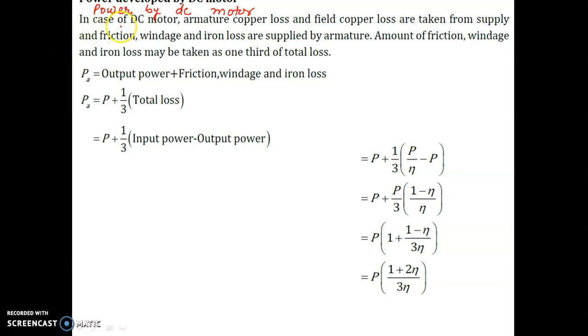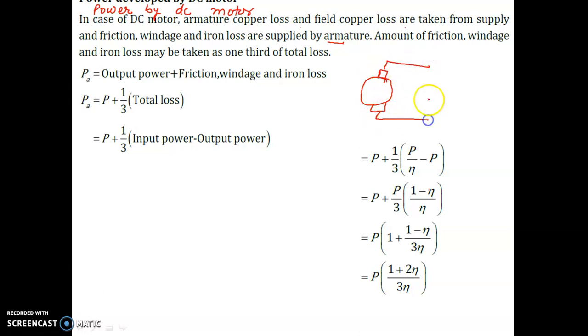In case of a DC motor, armature copper loss and field copper loss are taken from the supply, and friction and windage losses are supplied by the armature. Here, in the generator, the case is just the opposite. In this case input power is given from the supply.